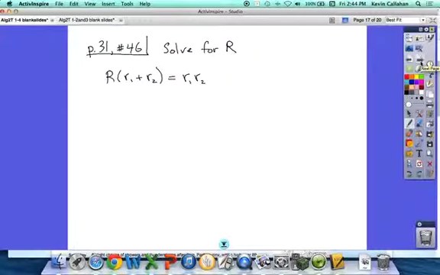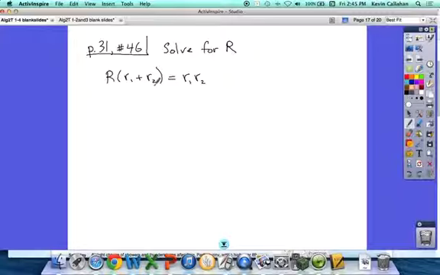Okay, here's a more complicated one. Solve for capital R. It's actually a one-step problem, but where's the capital R? Right there. What do you think would be the right first step? What's with the R that you need to get rid of? The R1 plus R2, right?